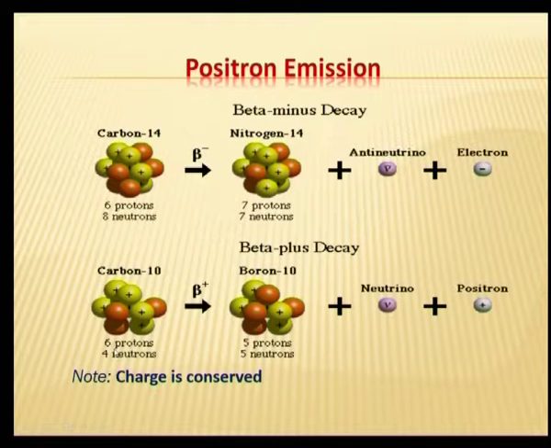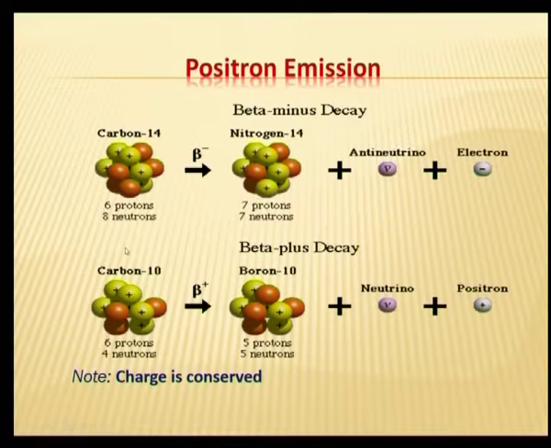You have 6 protons here, and the boron has 5 protons, but another positive charge is coming from the positron. So, the positron carries a positive charge, you see a plus sign here. So, 5 plus 1, 6, equals 6 protons. The charge is conserved.